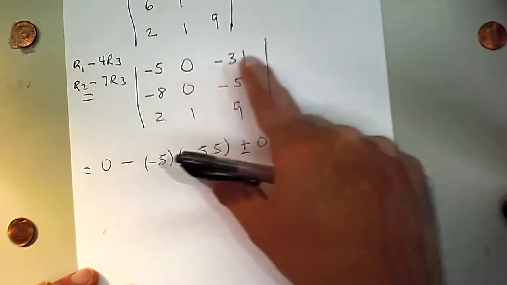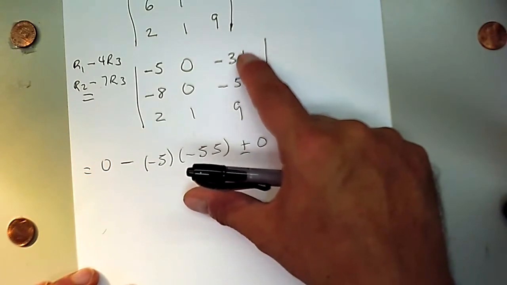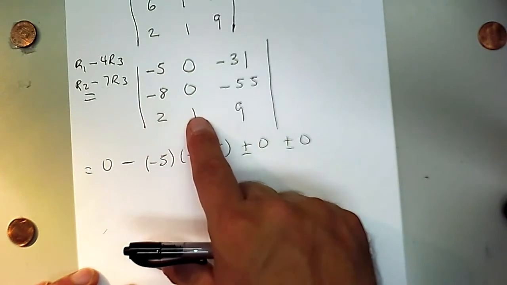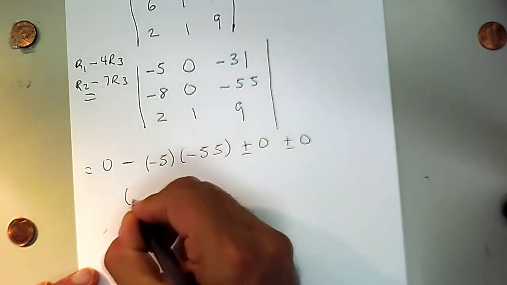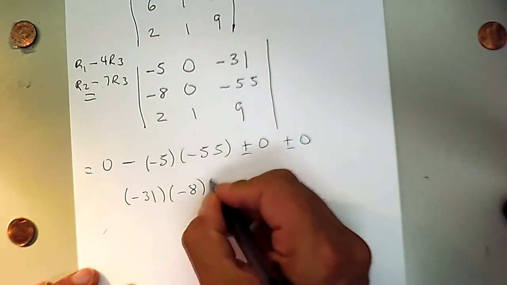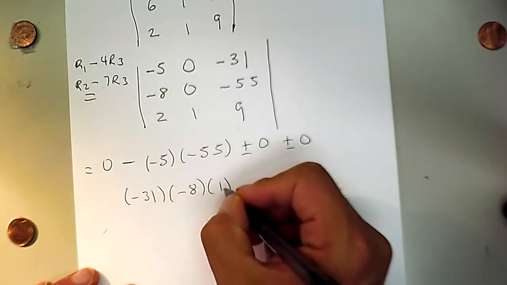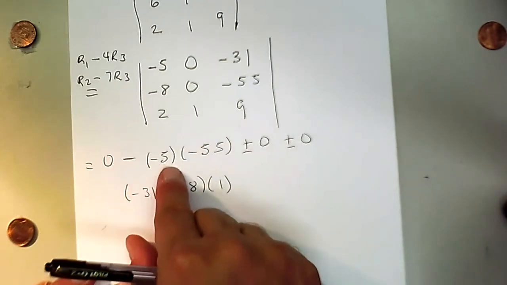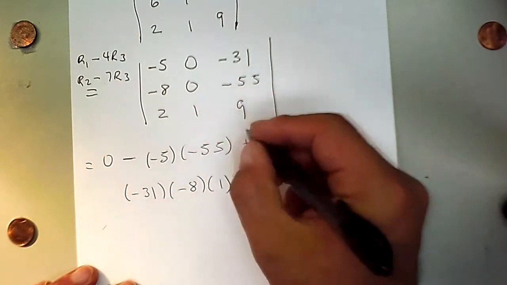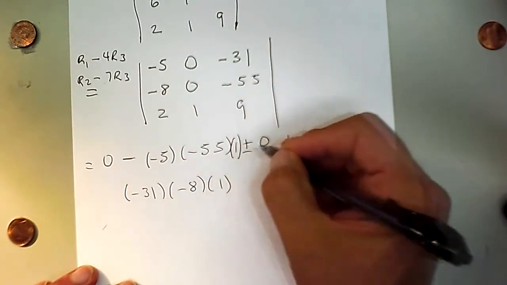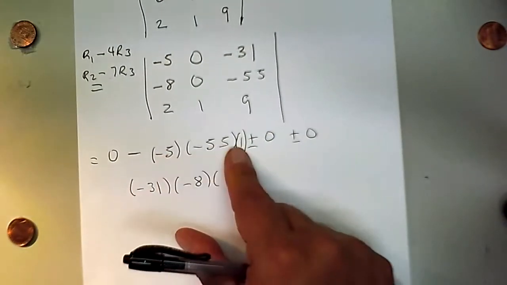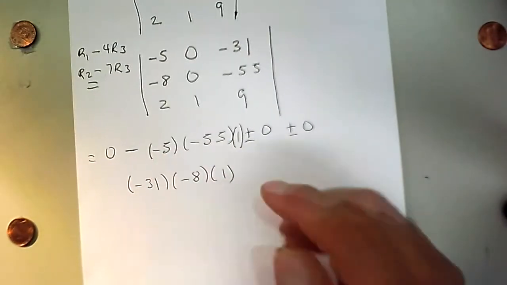So that helps. And then we're going to have negative 31, negative 8, 1. Oh, here in this product, I missed, what did we do? Negative 5, negative 55, and 1. There's a 1. I did not write that down because multiplying by 1 does not affect the result, but we should show that there are 3 things we're multiplying together.